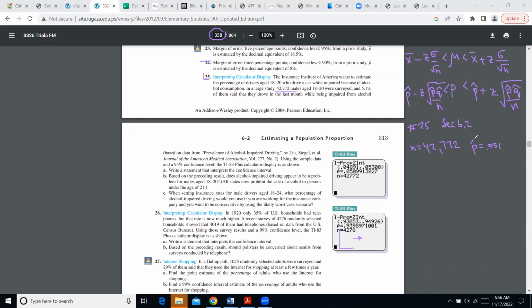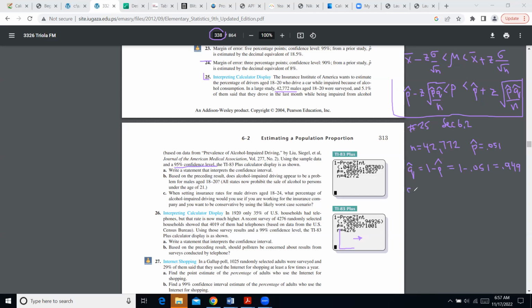And that's for the sample, so I put p with a hat. Please notice the formula that we're going to use is the one up here that requires me to also have two more numbers, q, which is the complement of p. So q with a hat will be 1 minus p with a hat as usual, and that's 1 minus 0.051. So this is 0.949.